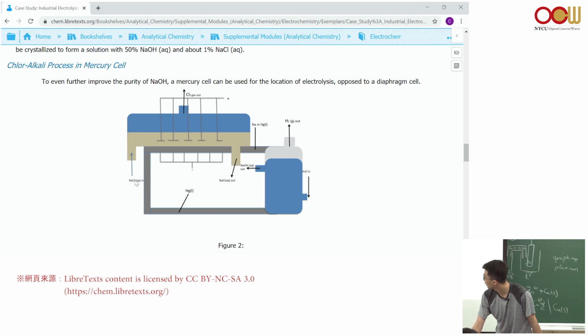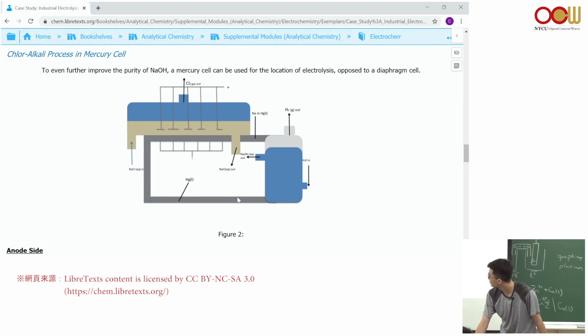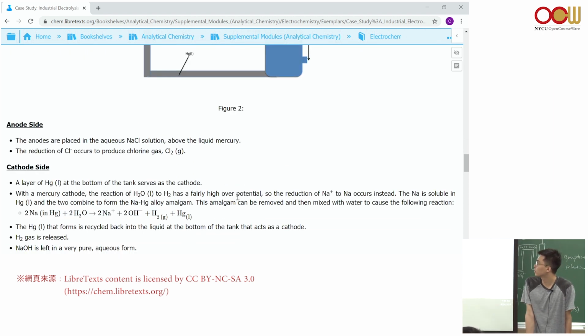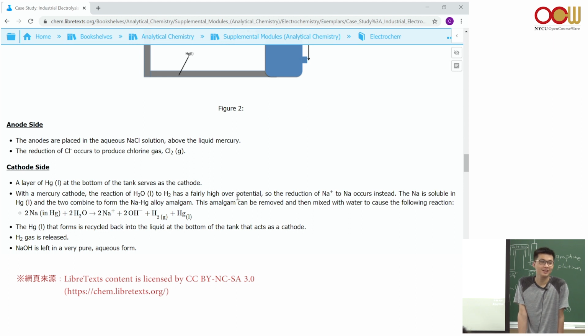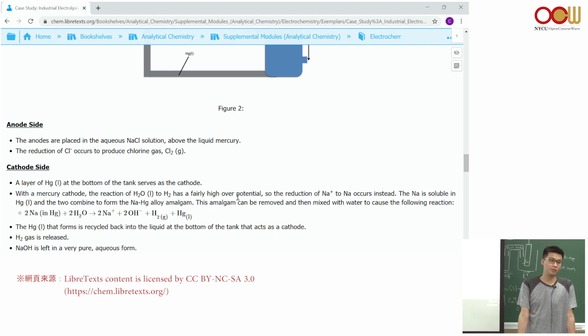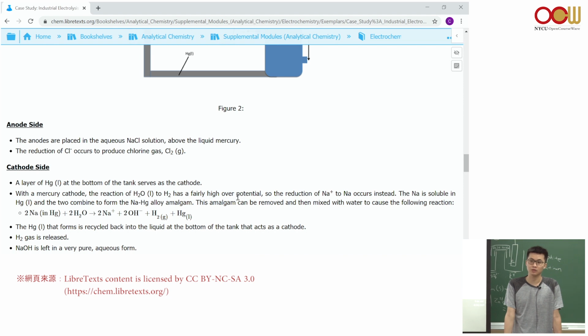And then this whole thing is your electrode. You can read through this, and this is what's happening. It's actually much more complex than it looks when we have a simple reaction, right? The electrode is also participating in the reaction, but this mercury can be recycled.